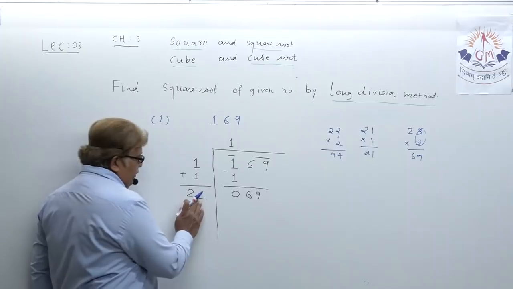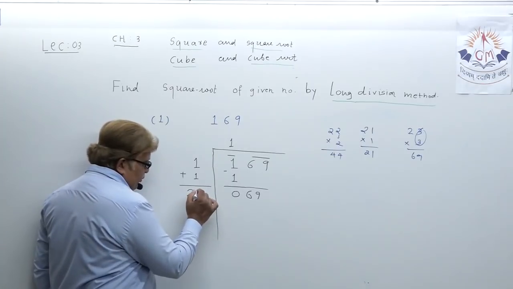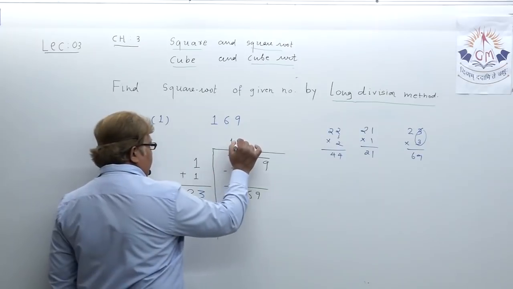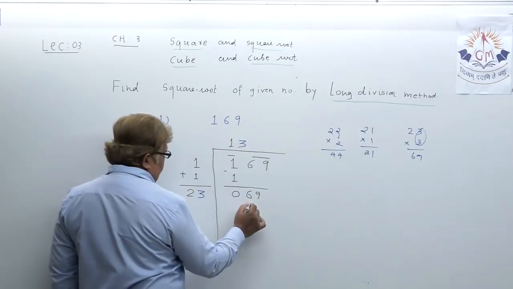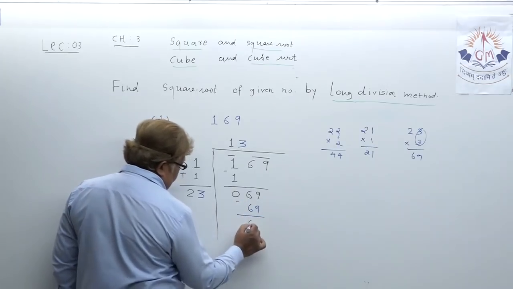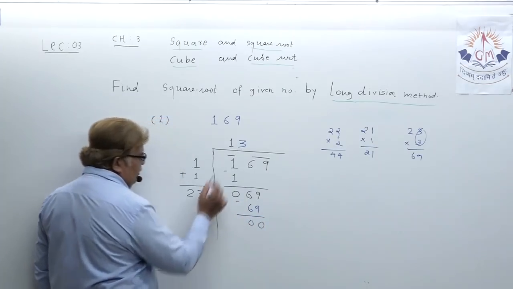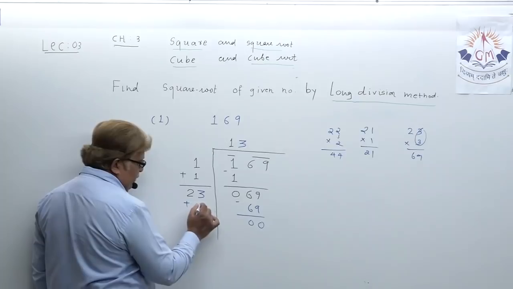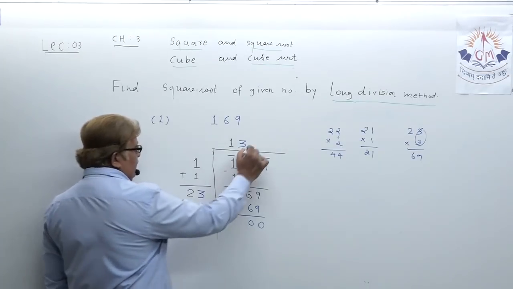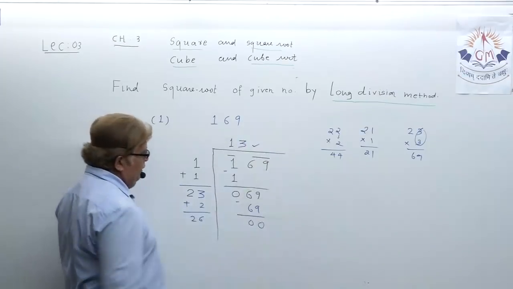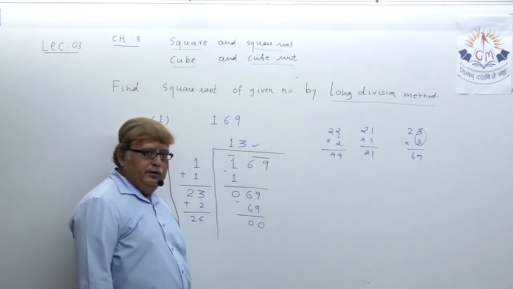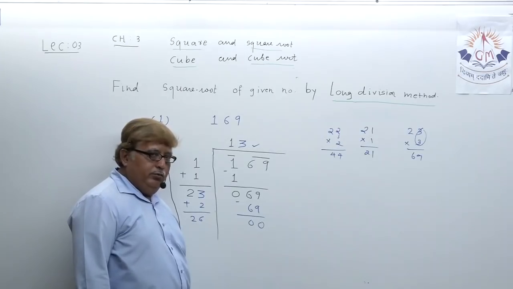So let us take, here I am putting, 23, 3 ja 69. You understood? Just subtract, remainder 0. These 3 you can add to accomplish the process, okay? But your real answer is 13. So the square root of 169 turns out to be 13.